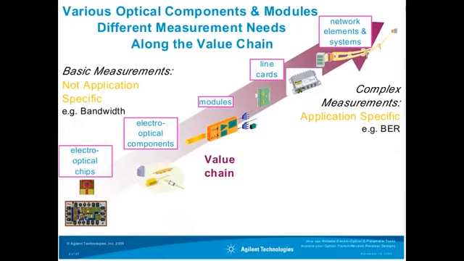And in these different stages along the value chain, the measurement requirements change. At the very end, in the network element or line card range, we have very complex measurements, and these are very application specific.